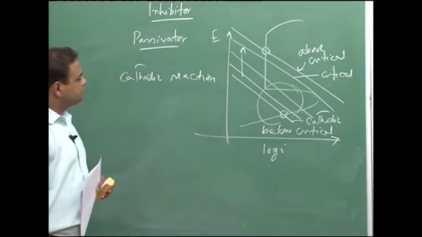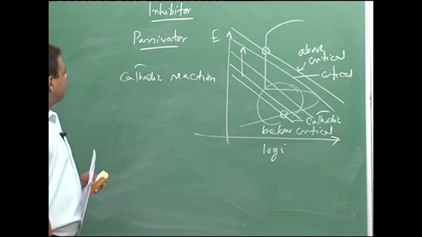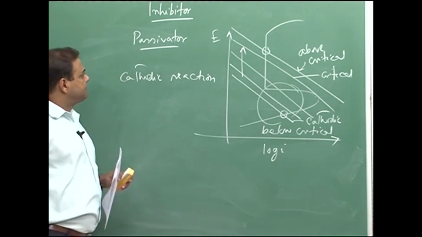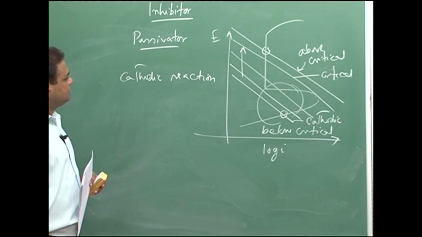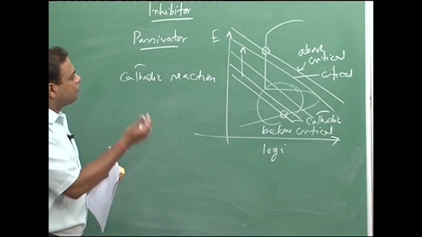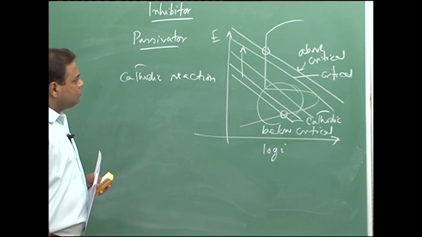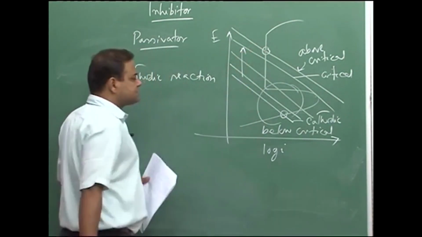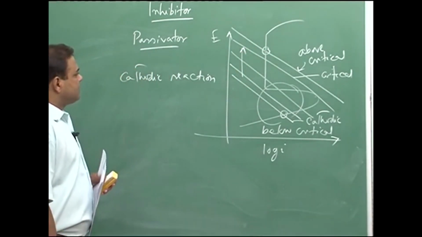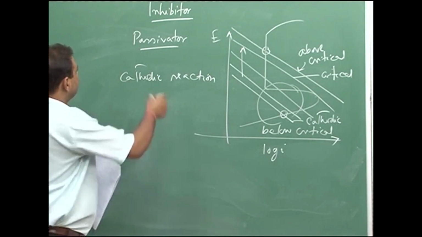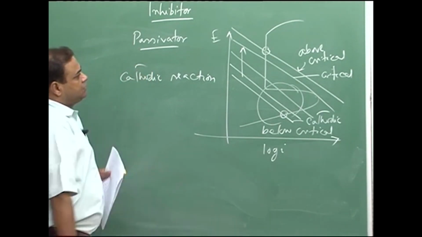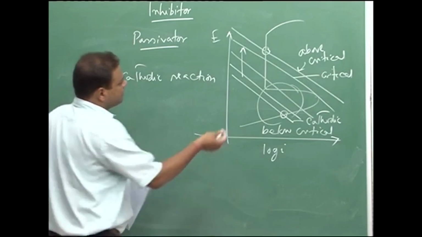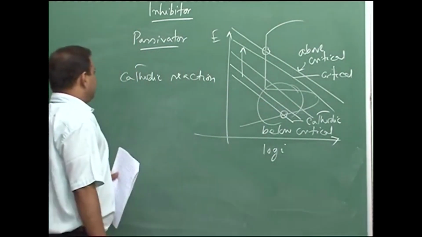So, the amount of passivator type inhibitor should be above the critical value in order to maintain this passive current density. Always the amount of this passivating inhibitor should be above the critical value.